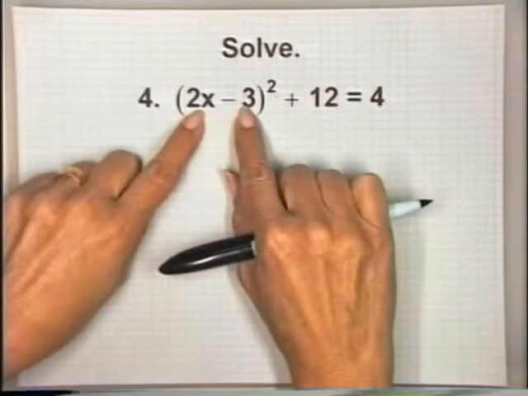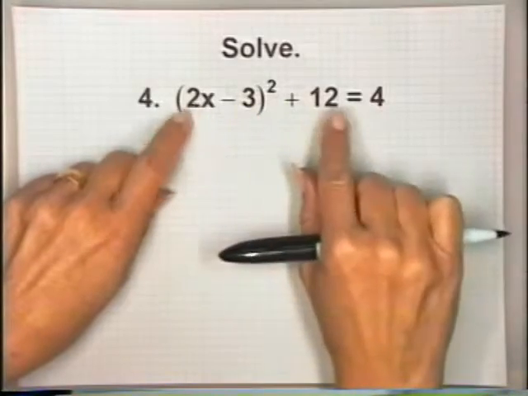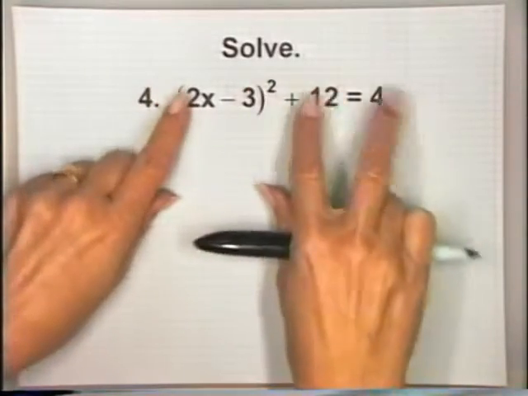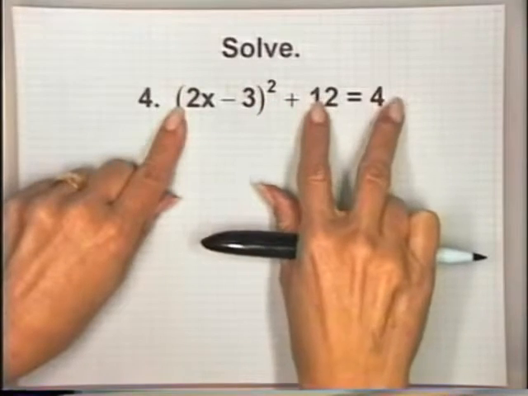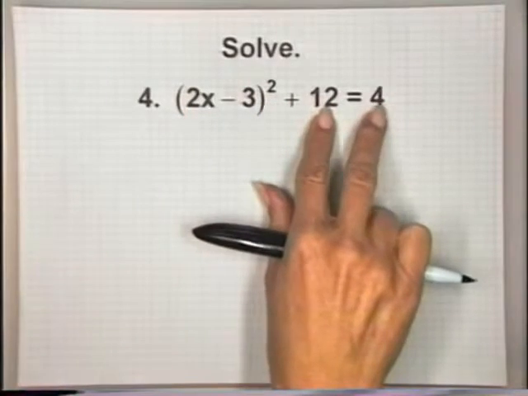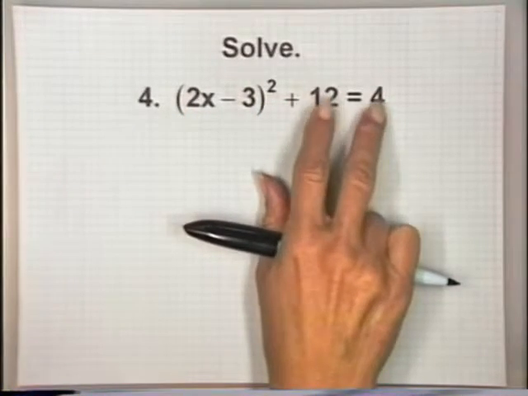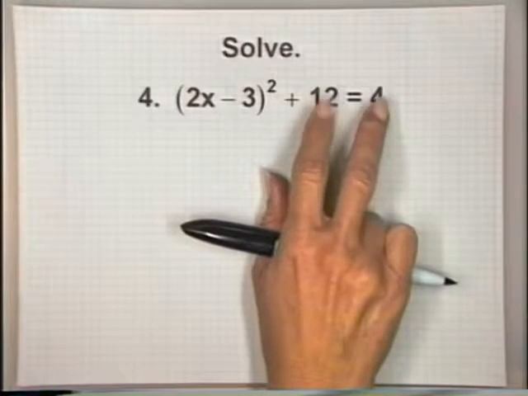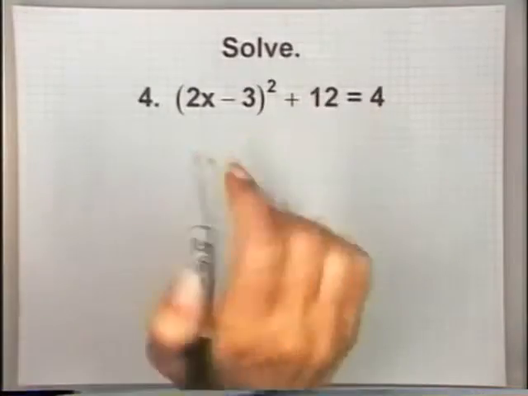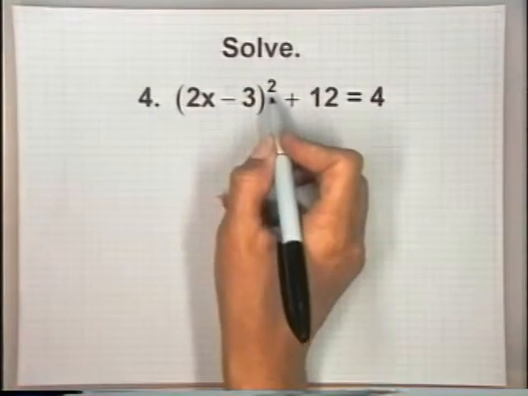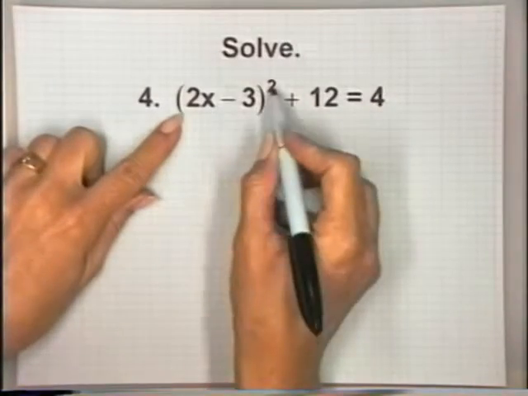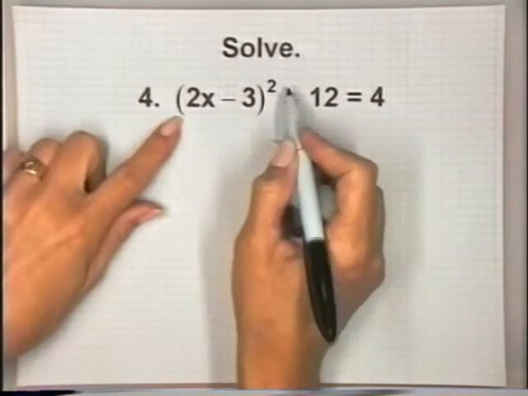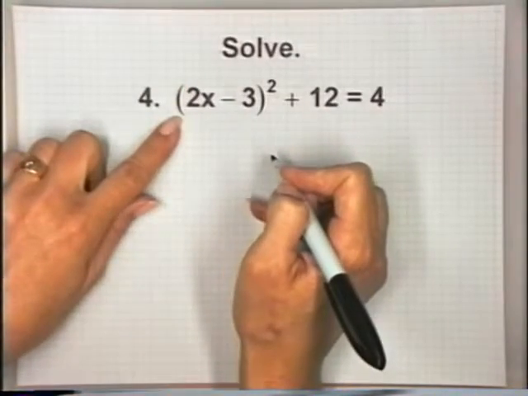My second term is a constant. And the other numbers outside of my binomial squared term do not contain variables. They are constants. When these other numbers are constants, and I have this binomial squared, I isolate the binomial squared. I get the binomial squared by itself.